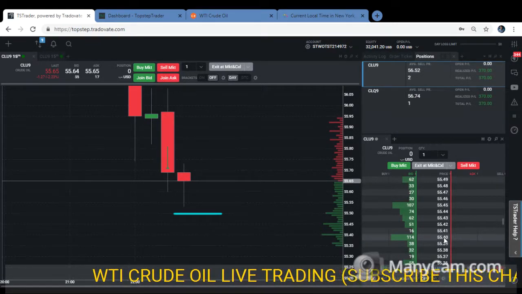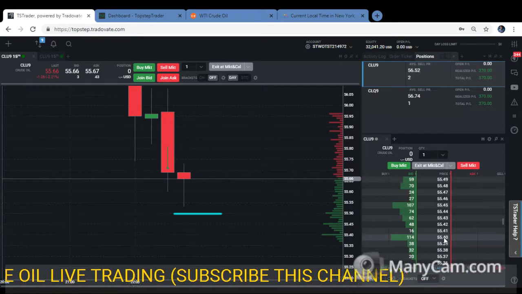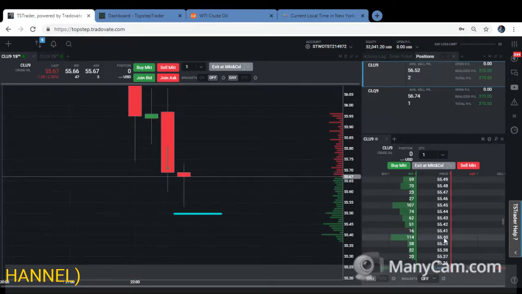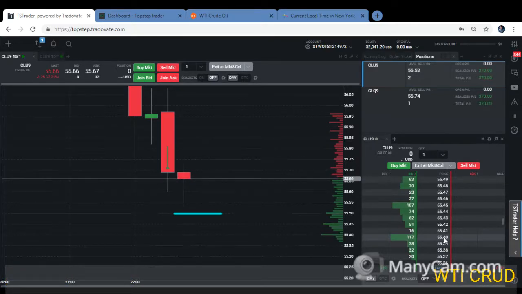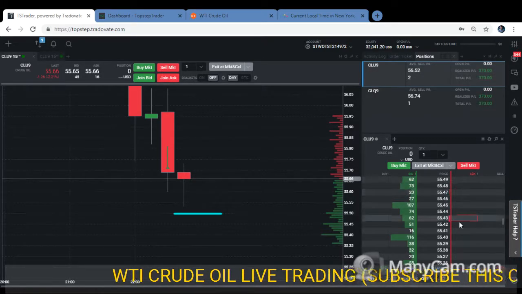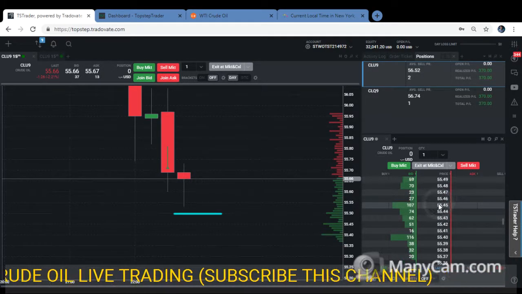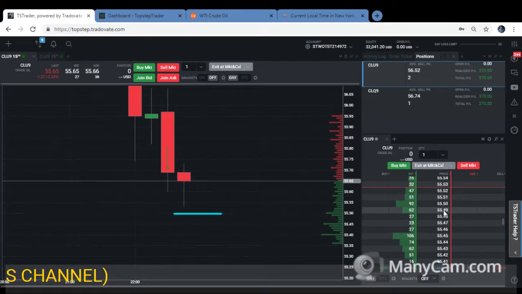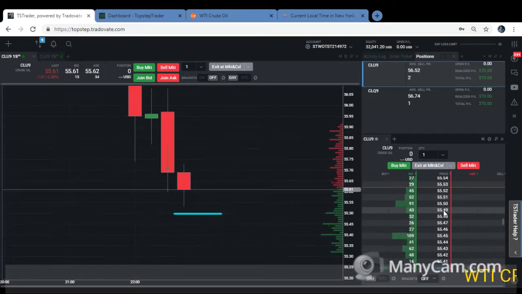It could be a big player, someone with a deep pocket, could be. But at this moment, it looks interesting. My target is 55.49, which is around a few ticks above this higher queue level. So 55.49 is the best exit at this moment.